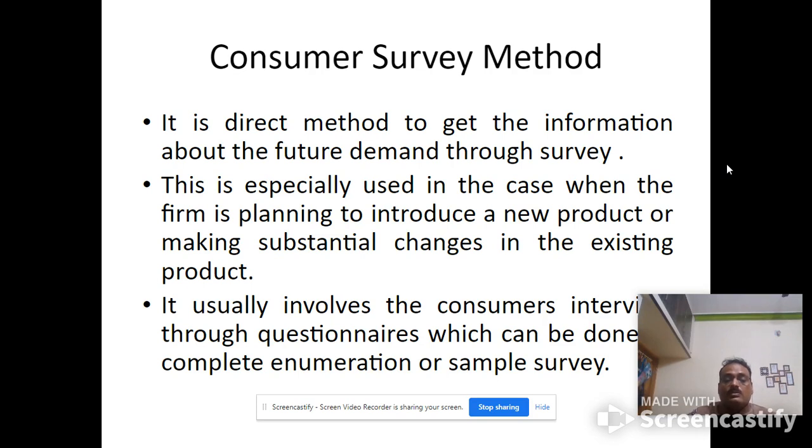If something will be undergoing a change, how they are going to respond on that. So, we will be recording all the responses very carefully, and we'll be analyzing them, and we'll be predicting the future demand for our product from all those collected data when they will be analyzed in a very organized manner.